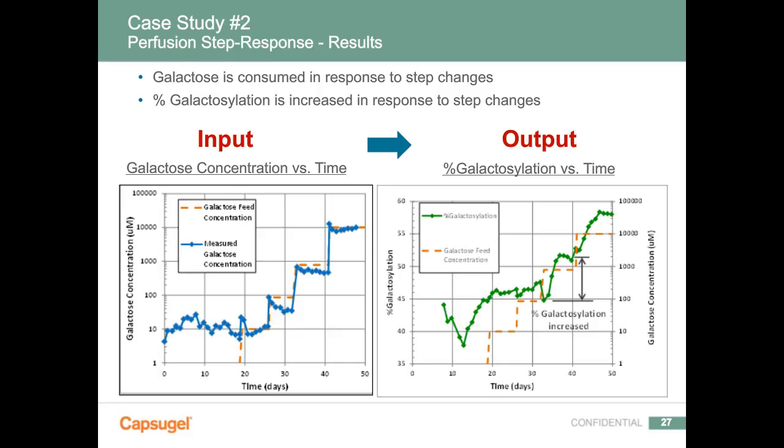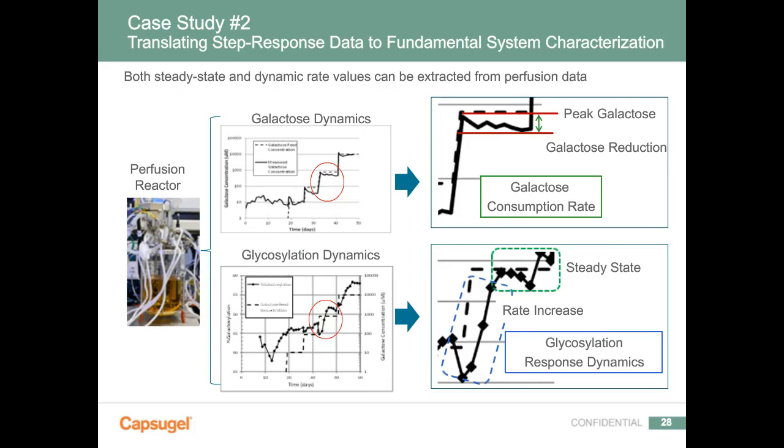And the critical part about this is to look at the dynamics of what's happening here. First, for the galactose, we made a bolus of galactose and then changed the feed, so we should have had a nice sharp peak. Instead, you see that the actual galactose is down a little bit, and that's saying that the cells are increasing their galactose consumption. That's a dynamic response.